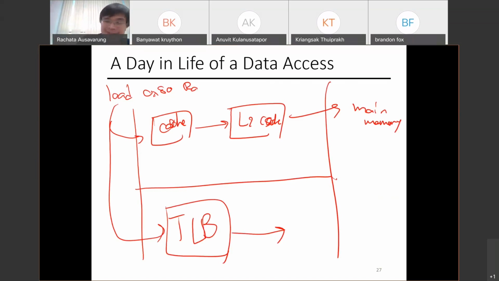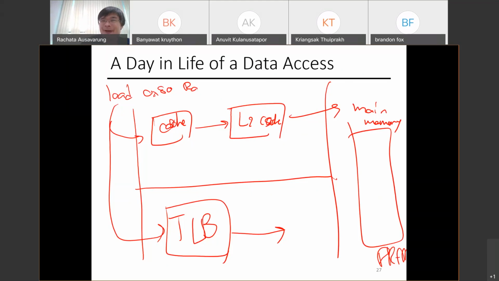If you don't have the data in the TLB, what do you have to do? Quick recap, what do you have to do if you have a TLB miss? This is a good review. If I have a TLB miss, what's the next thing I have to do to get my physical address?